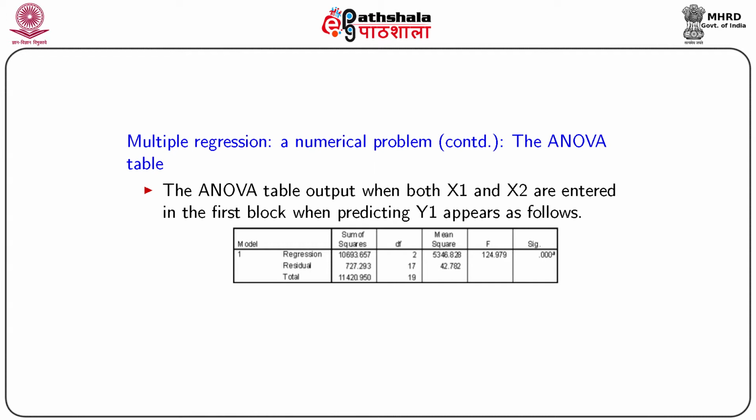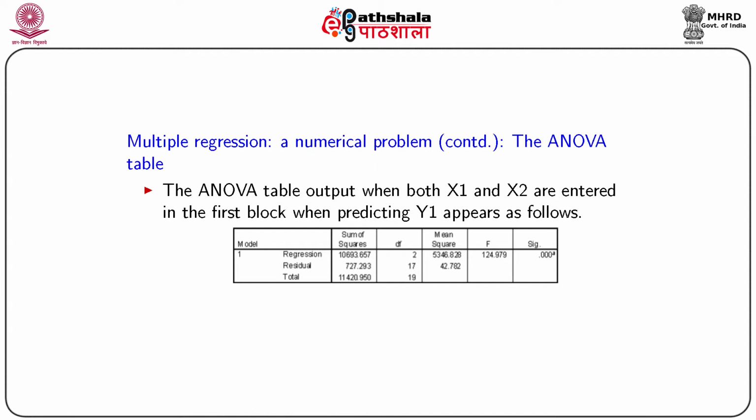Using the mean squares for regression and residual, the f-test statistic value is calculated. Using this f-test statistic value, we can test the significance of the model, and we also have the corresponding p-value.